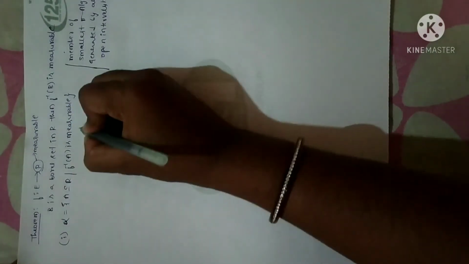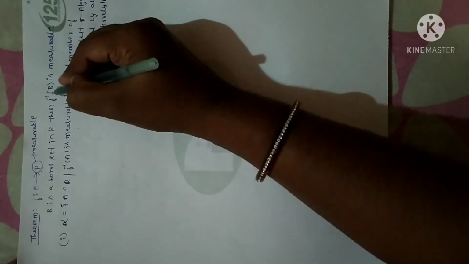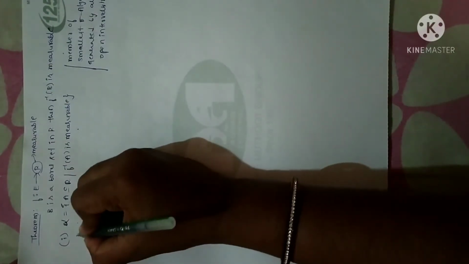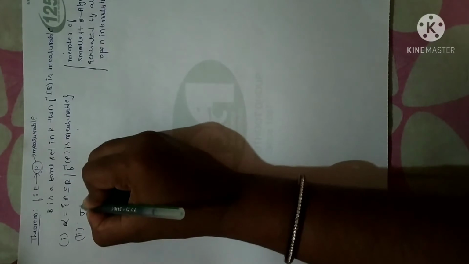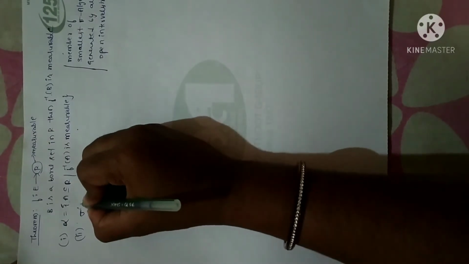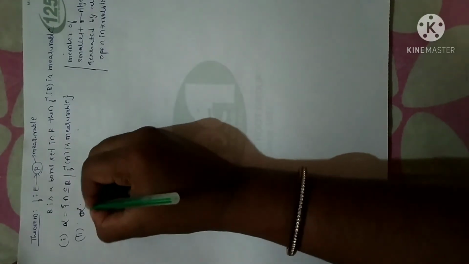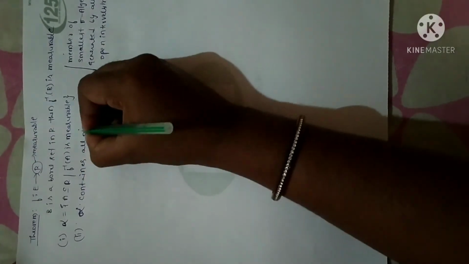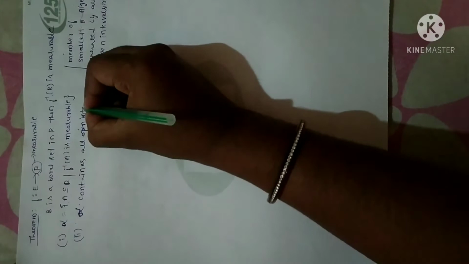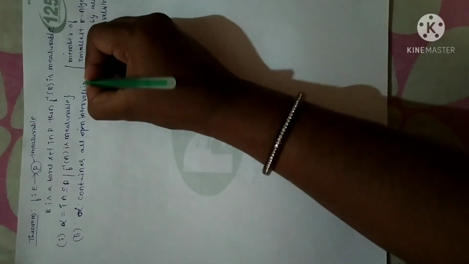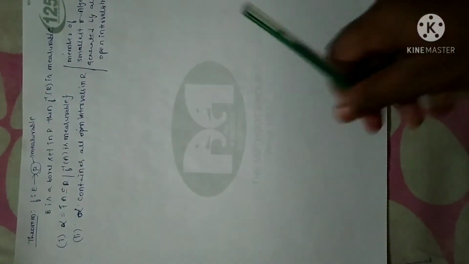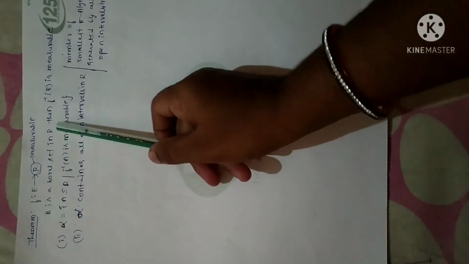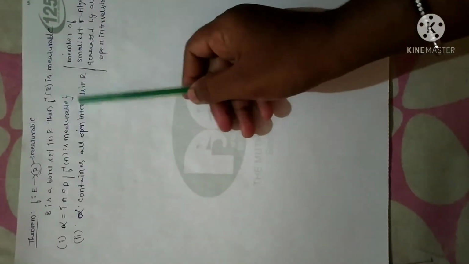For any set A, f inverse of A is measurable, then we can generalize it for Borel sets. And the second thing is that we have to prove that this alpha contains all the open intervals in R. Remember, if they ask you to prove this statement, they will not give these two lemmas. You have to write them.